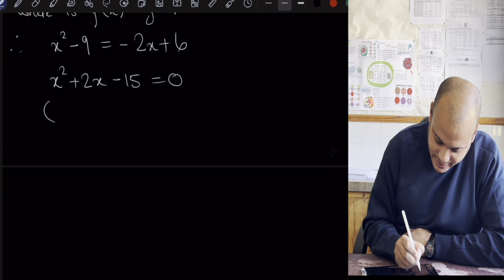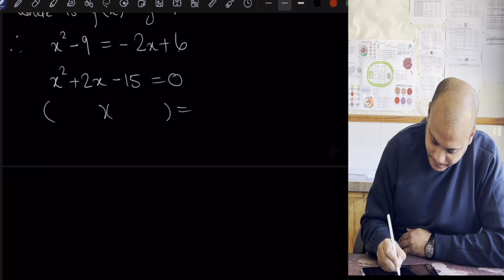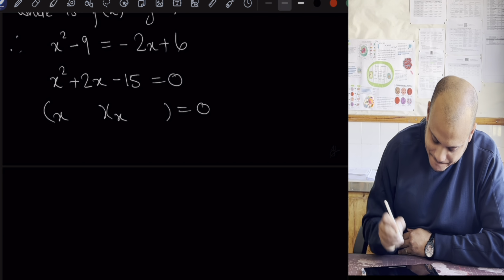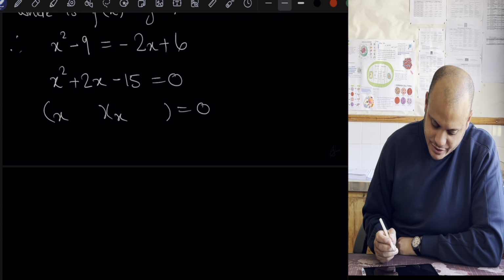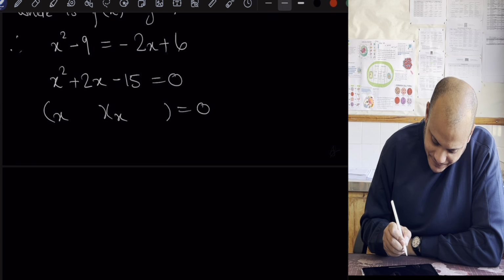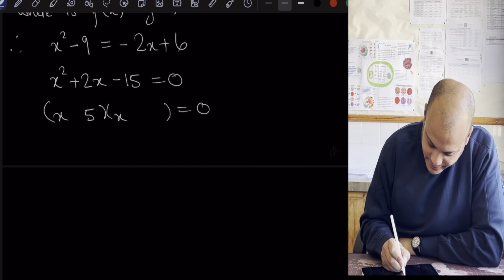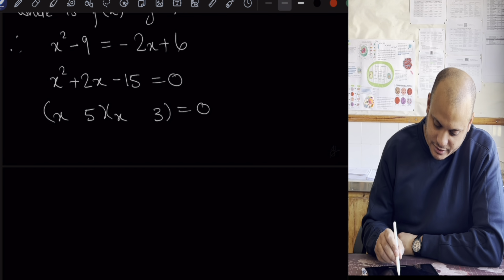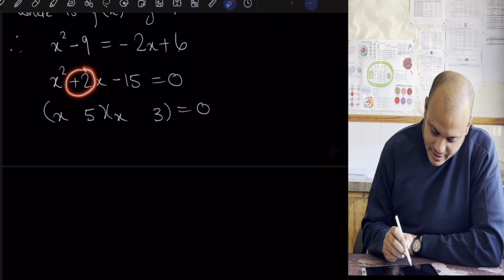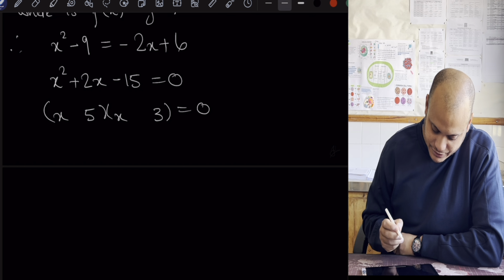I'm going to factorize now. So that's x and x. And our factors for 15 to give us 2, I think it will be 5 and 3. Now we just need to choose our signs properly. It's going to be a positive middle term, positive 2. So I need my answer to be a positive 2.